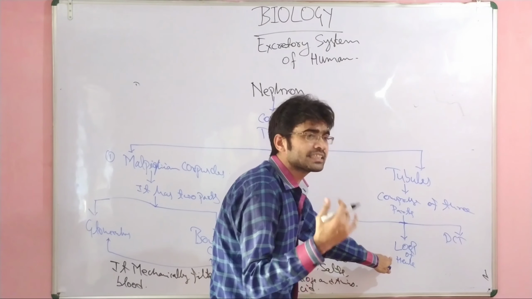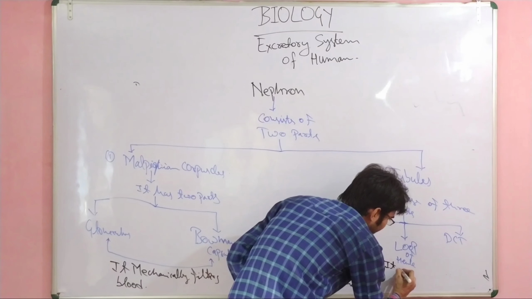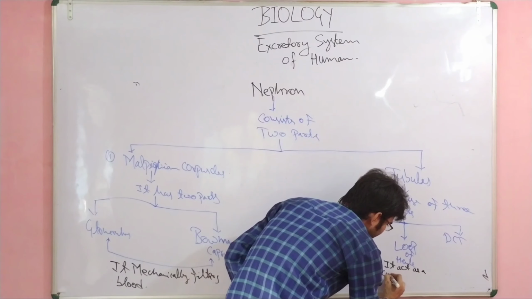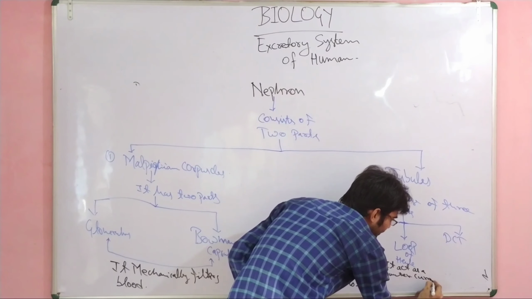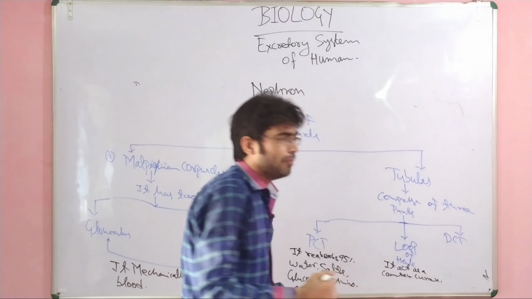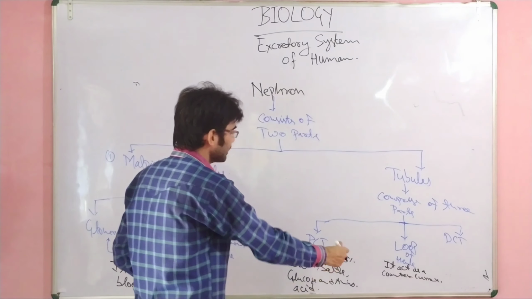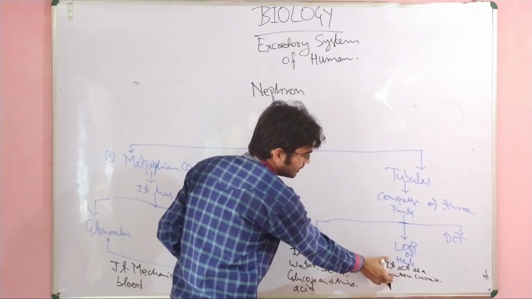The loop of Henle acts as a counter current and maintains a concentration gradient. I am writing here because space is not there.